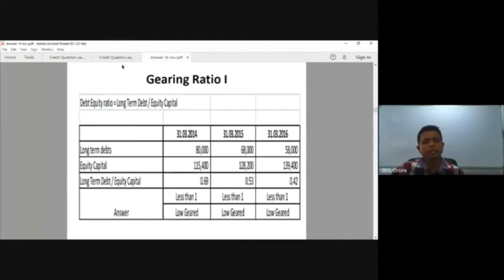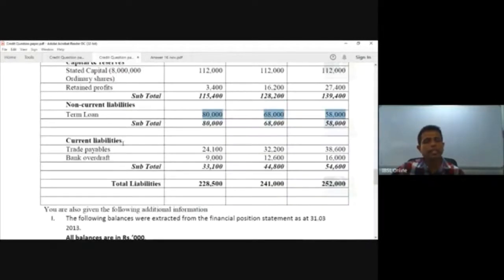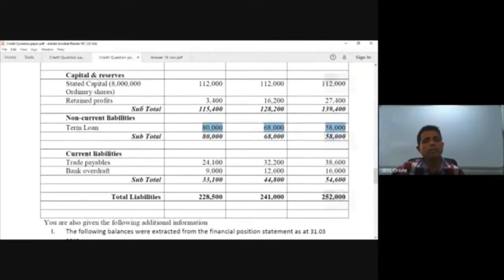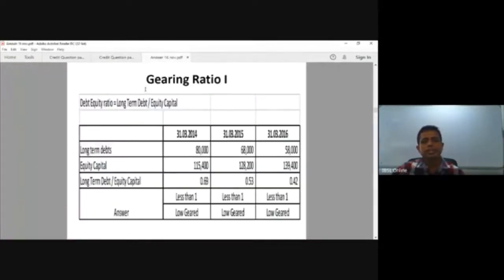Then equity capital, go to your balance sheet. We directly took the total of the stated capital and the retained earnings: 115,400, 128,200, 139,400. Then divide the long-term debt by equity capital.